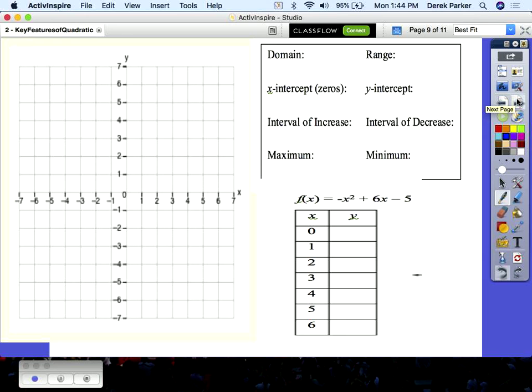Now let's do one that has a negative a. Go back, clear the graph.